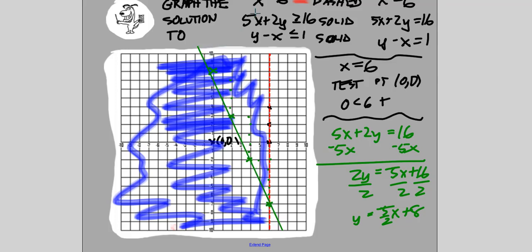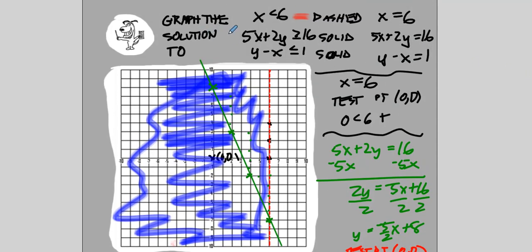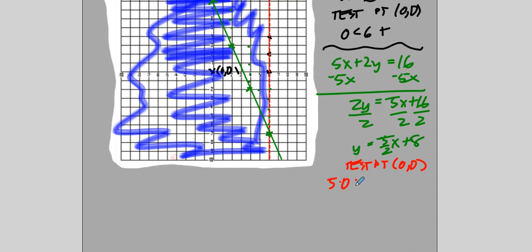All right, let's take a test point. Well, 0, 0 is not on that line, so I can use it as a test point. So we're plugging it into this inequality. 5 times 0 plus 2 times 0 greater than or equal to 16.